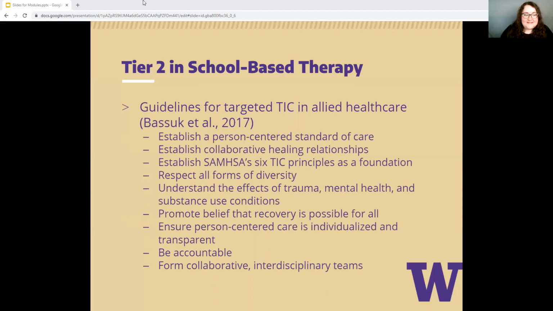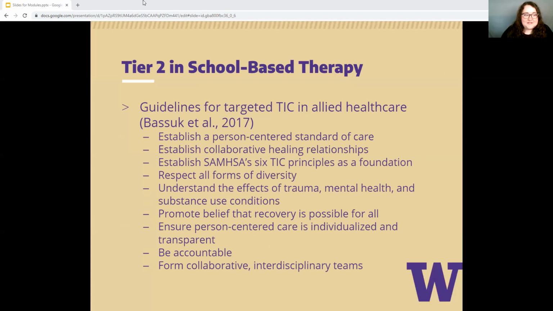In their 2017 article, Basuk and colleagues wrote about adopting a trauma-informed approach when working with historically underserved populations. Within this article, they provided these guidelines for implementing Tier 2 level trauma-informed care in allied healthcare fields.